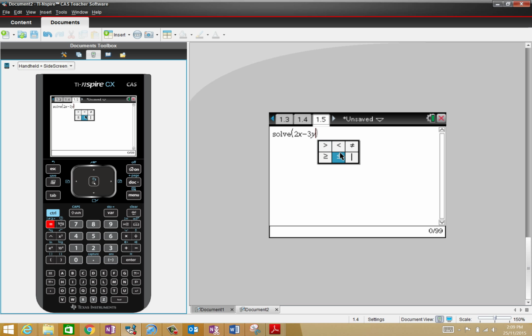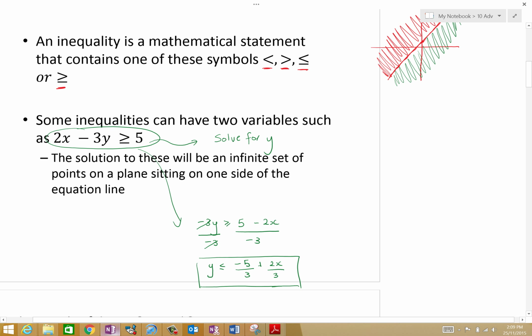And we're going to be solving that with respect to what? With respect to y. Okay, we want to get y in terms of x. And you can see there that y is less than or equal to 2x over 3 minus 5 over 3, which is what we've got here. Is that making sense so far?